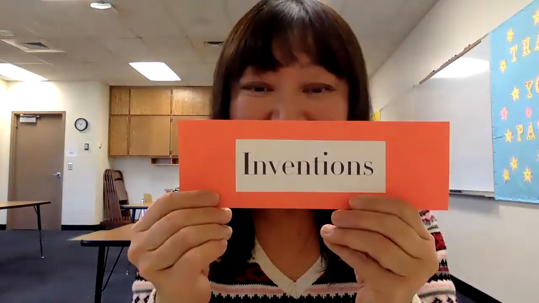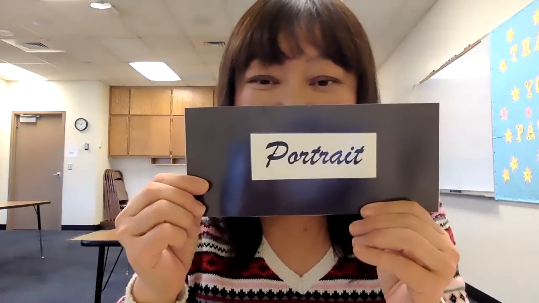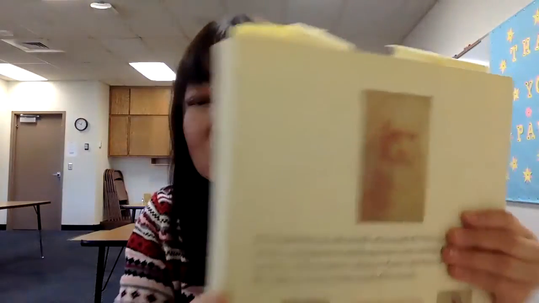The first category is anatomy, and then botany, that means the study of plants, and then inventions, and lastly, portraits. So let me show you some of the pages from this book.